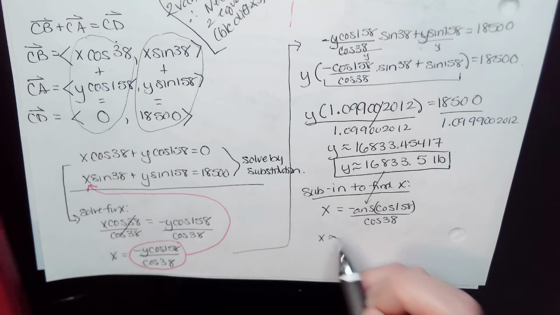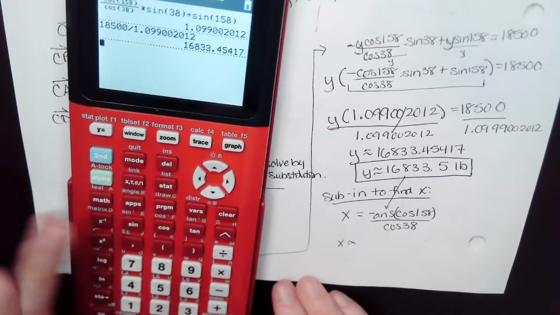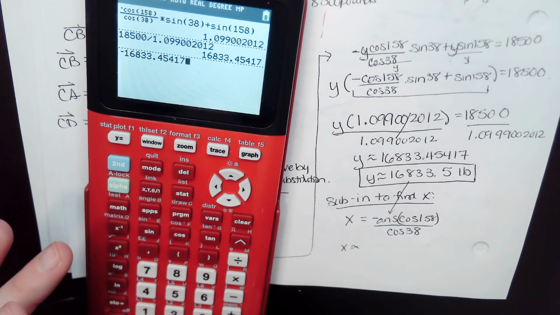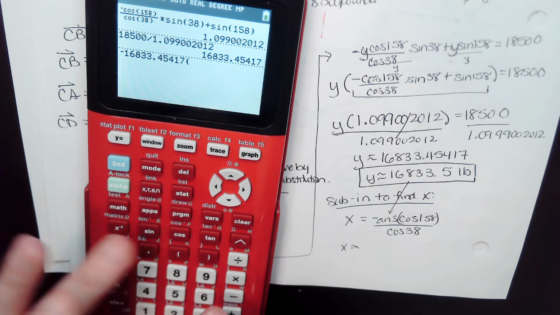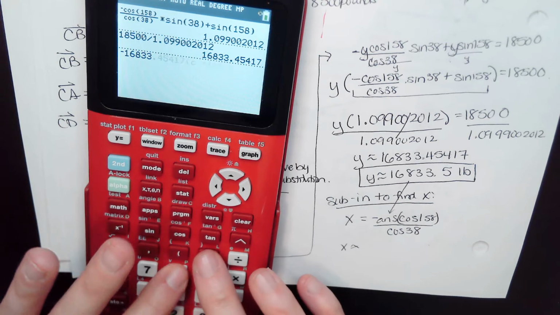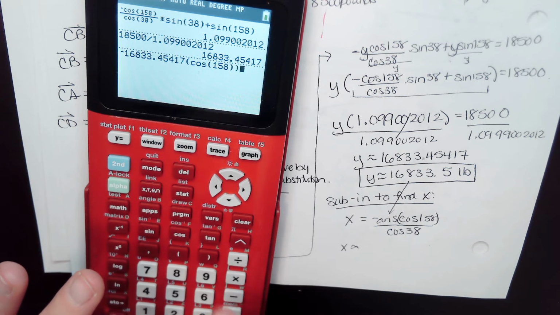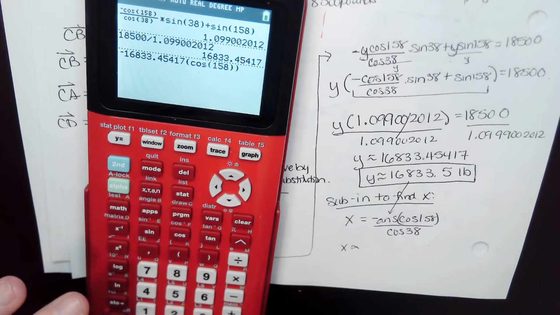Okay, so in my calculator now, I'm going to do negative my answer times cosine 158. Also, remember, you do want to use that full decimal and then divide it by cosine 38.